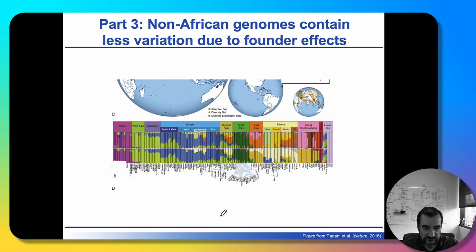Because Africa was the source of human evolution, as populations left Africa to migrate to West Asia, to Europe, etc., it was a very small number of individuals, not small per se, but much smaller than what existed in Africa. And so because of that, there are these population bottlenecking and founder effects where the frequency and the number of alleles present in European and Asian populations is much smaller than what continues to exist in Africa today.